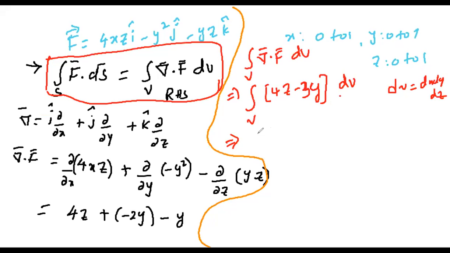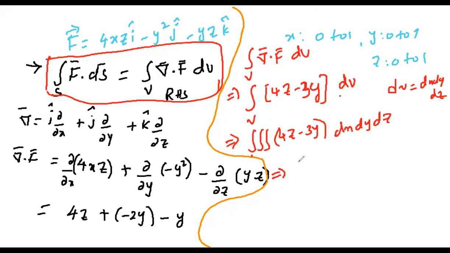Here also there are three integrals. So we have to do it for x, y, z. I have the integral of 4z minus 3y into dx dy dz. First I will go for z.